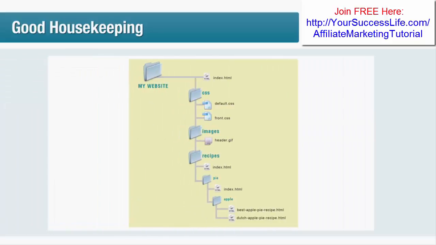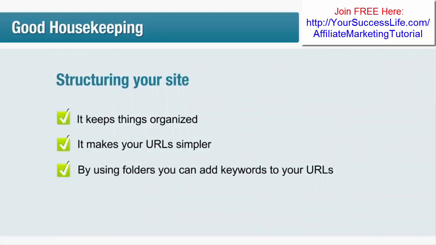Take a look at this bunch of files in our example pie recipe site. Okay, let's look at the one page in the root directory, the one you reach by typing www.example.com. Also in the root directory are our images and CSS folders containing our images and CSS. All the rest of our files are neatly tucked away into folders. The other beautiful thing about using folders is that you can insert your keywords into your folder names, which makes them part of your URL.